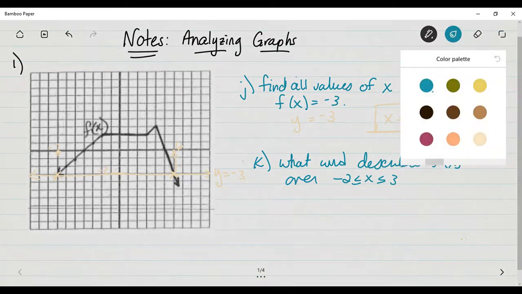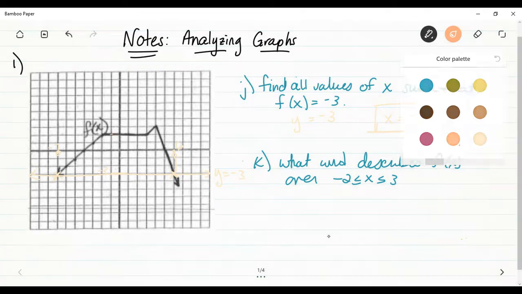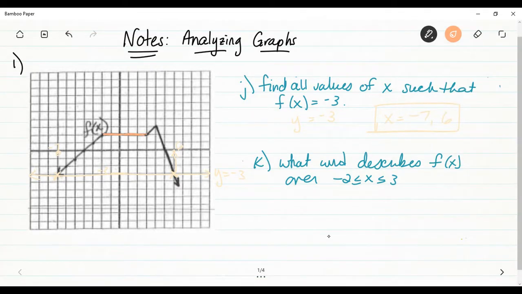Well, if we look at this picture from -2 to 3, we are looking at this piece right here. This is 3, this is -2. What kind of function is that? That is considered constant, right? Any horizontal is a constant. Okay. All of those pieces and parts of our graph are all significant. Let's turn the page and we will look at number 2.